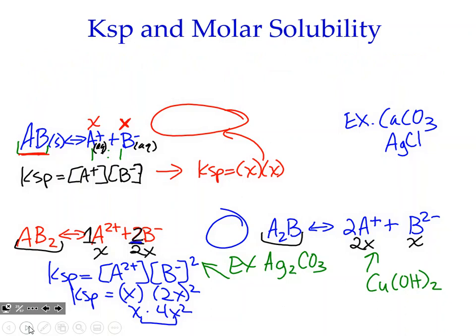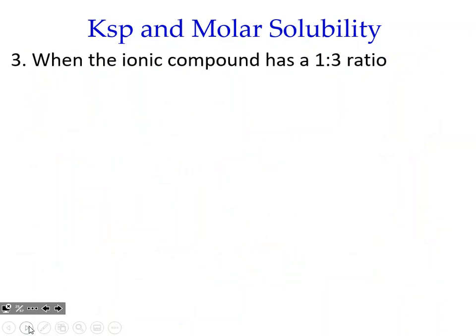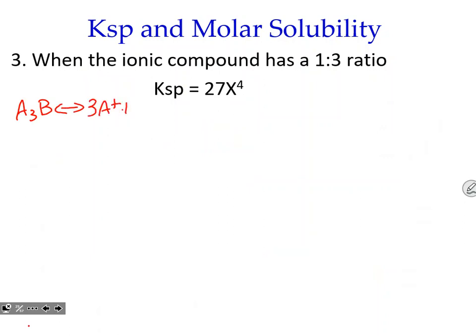Now for the 1 to 3s, it gets more interesting. 1 to 3s give you 27x to the fourth always. Now why is that? Let's take a look and derive that out. We have our A3Bs. So we get 3 A pluses and 1 with the B minus 3 like that.